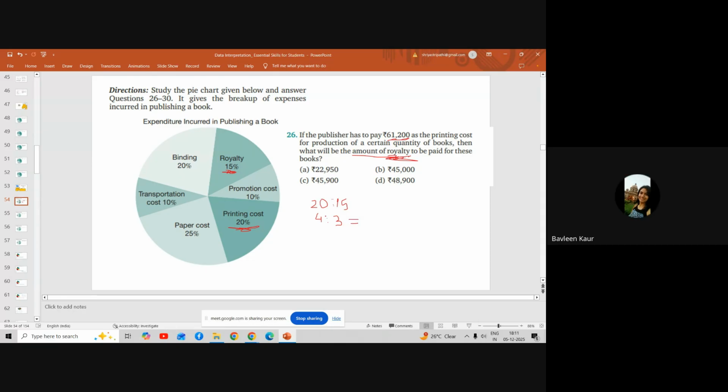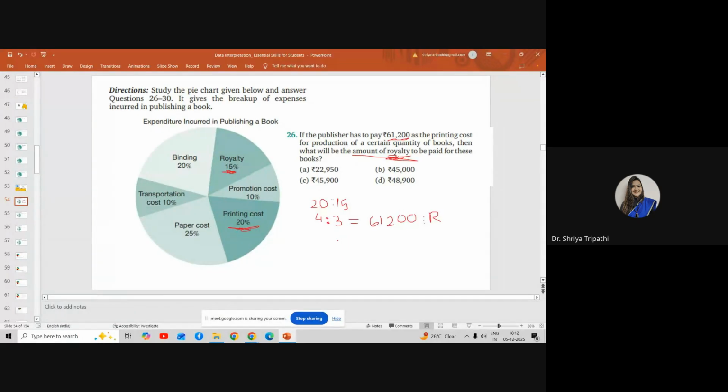Yes, ma'am. Now here 4 is 20%, my printing cost. So 4 I can correlate with 61,200. And here the question is asking what is the amount to be paid for royalty. Now with this equation, can you find R quickly? What will be the answer?